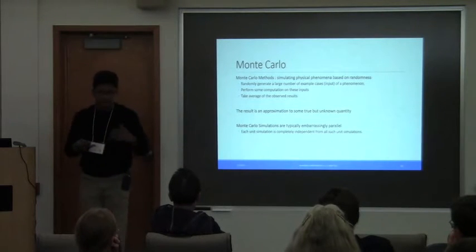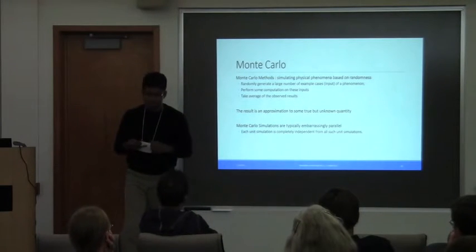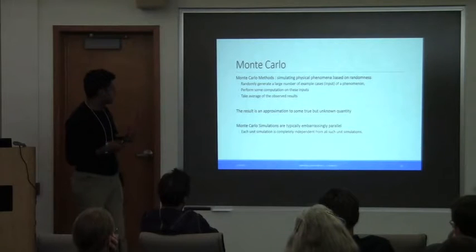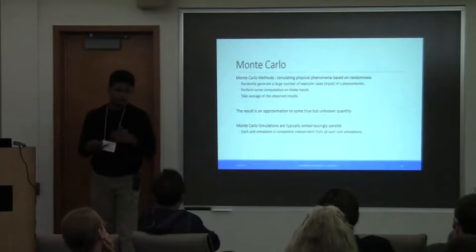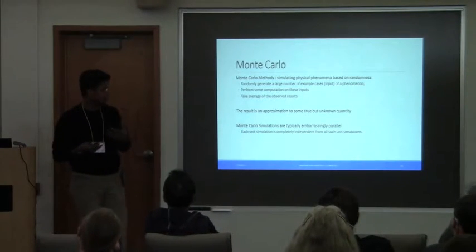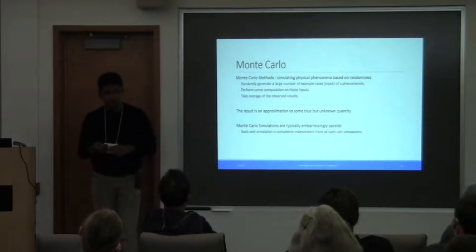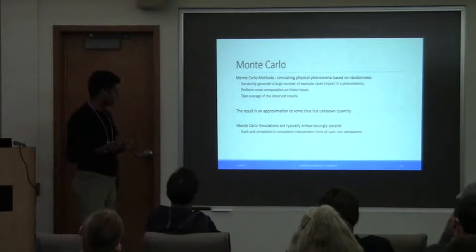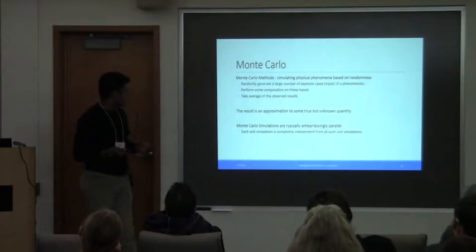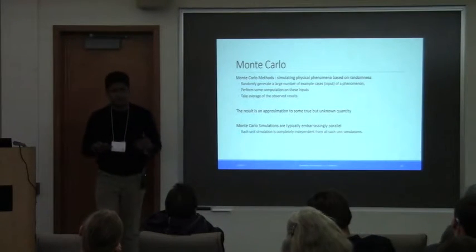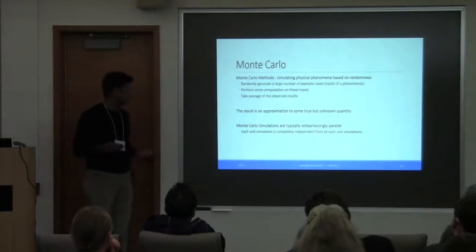The method is you generate a large sample of input data using randomness, evaluate a value using those inputs, and finally you get the average of the results. The results are an approximation of a true but unknown value.